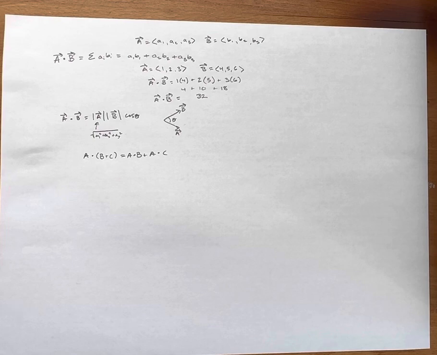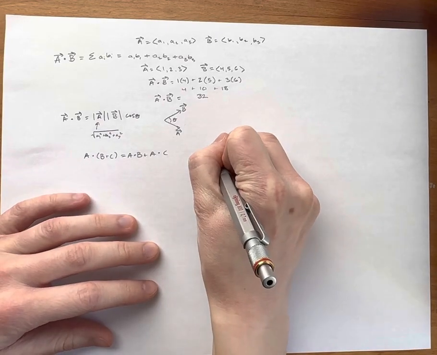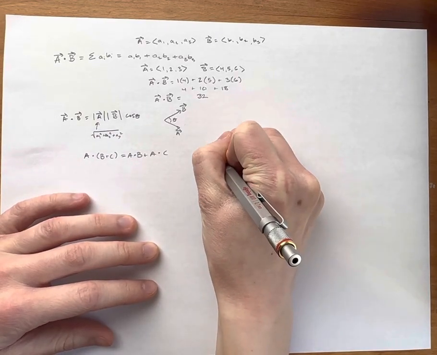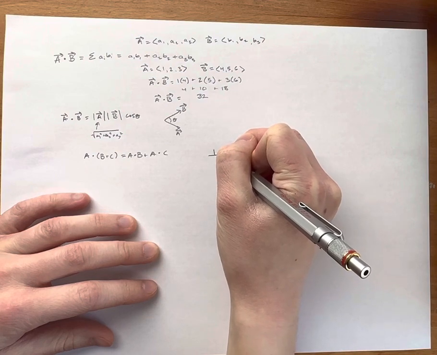That's just a fancy word. Orthogonal means that the two vectors are perpendicular. Oh, and I don't know how familiar you are with different math notation, but obviously this is used sometimes to symbolize perpendicular.